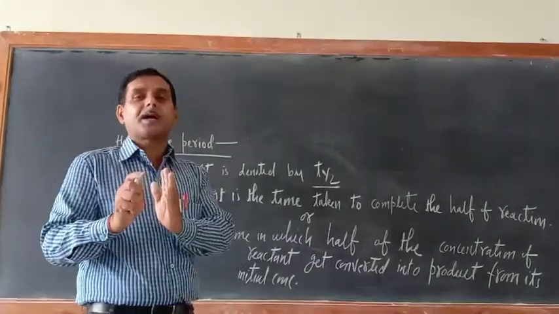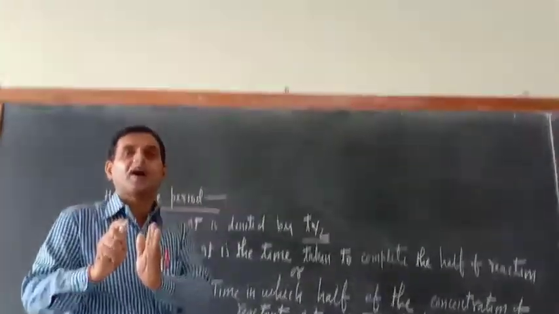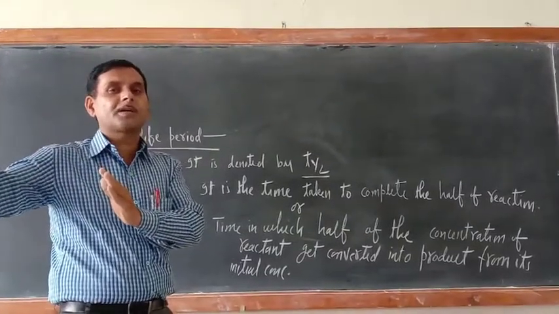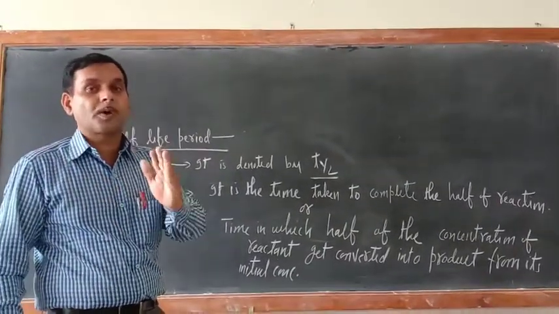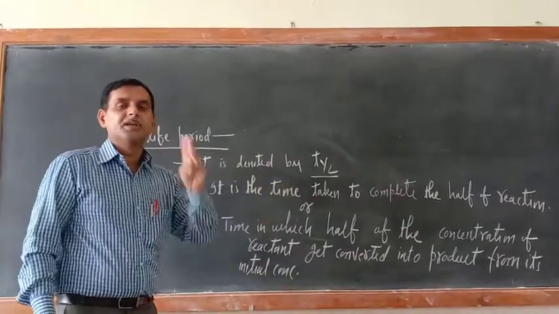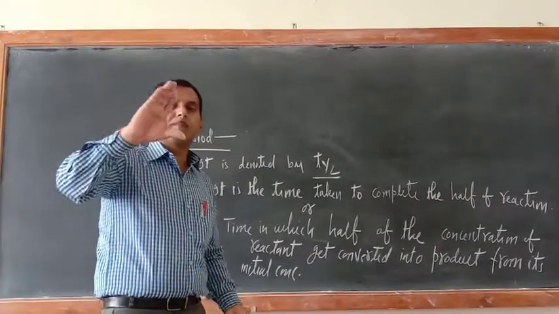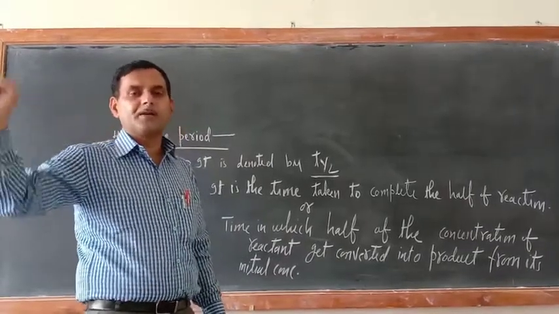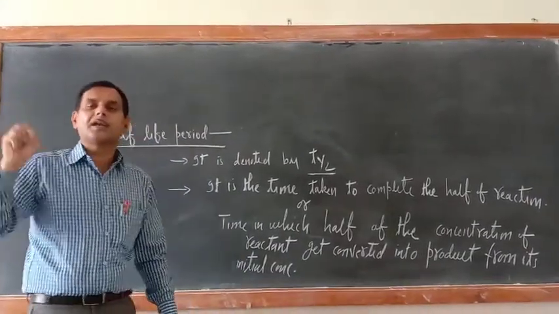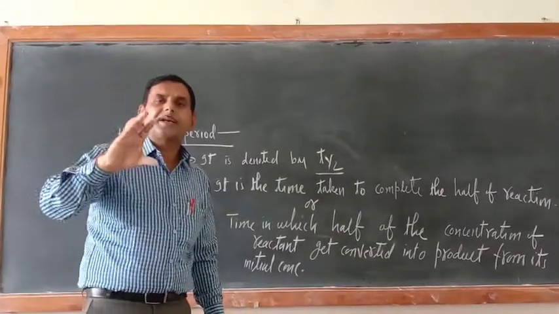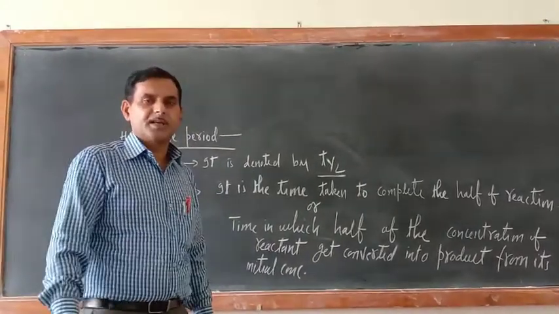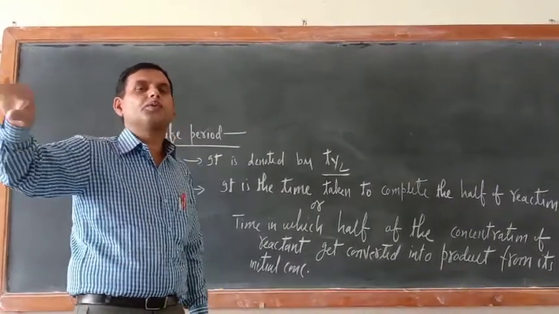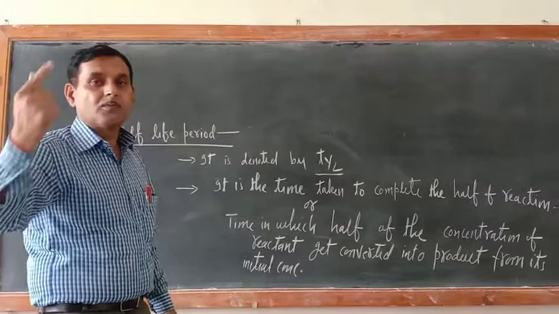Means in half time, half of the concentration of reactant gets converted into product. So remember, suppose one particular concentration is there, suppose 50 mole liter inverse reactant concentration, and suppose the total time to disintegrate this into product is 1 hour.